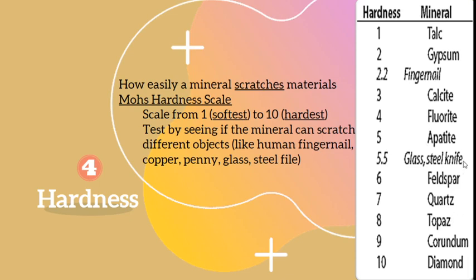The softest mineral we have here, talc, has a Mohs scale rating of 1, and diamond is the hardest mineral and has a rating of 10. Through this, we can see if the mineral can scratch different objects just like a human fingernail, copper, penny, glass, or steel file.